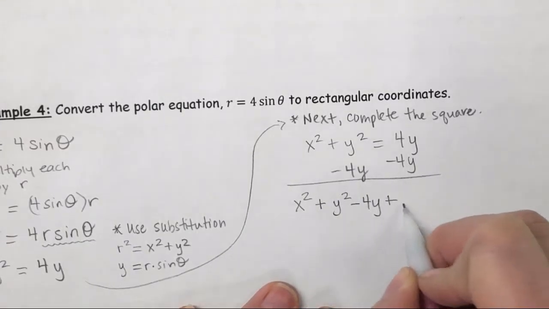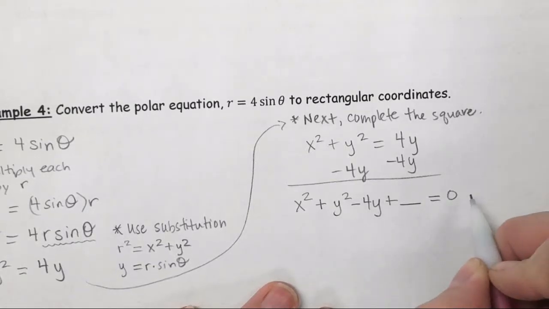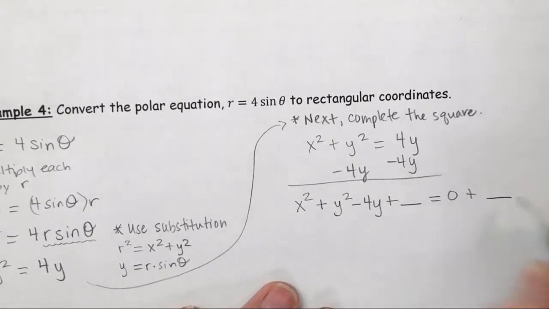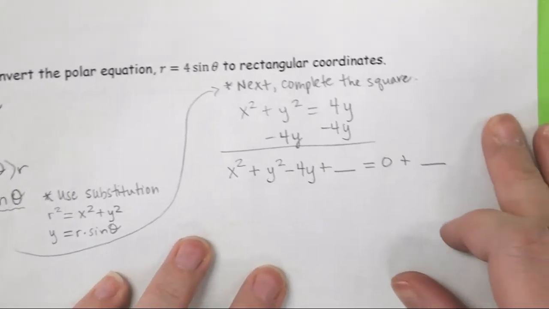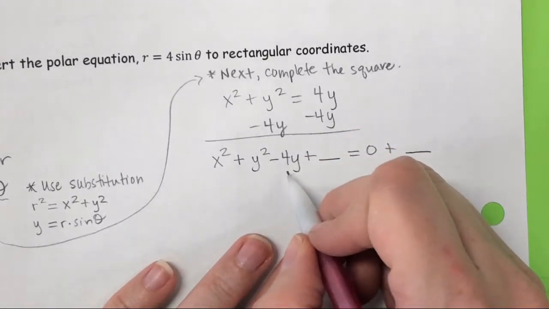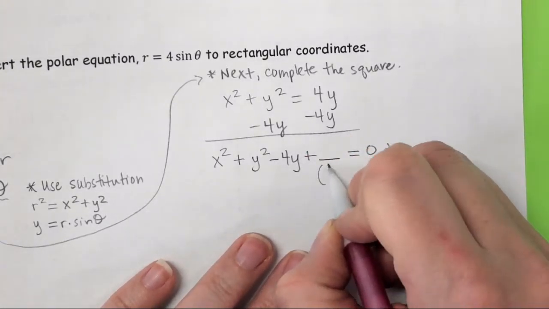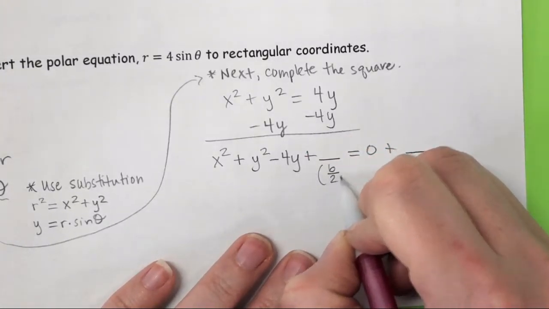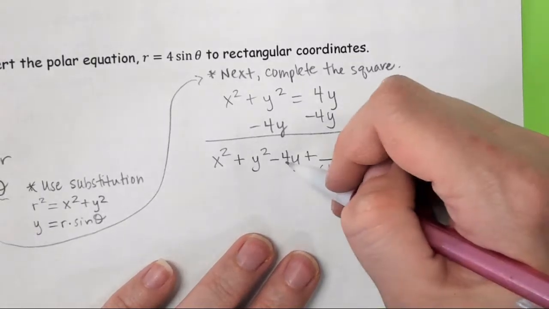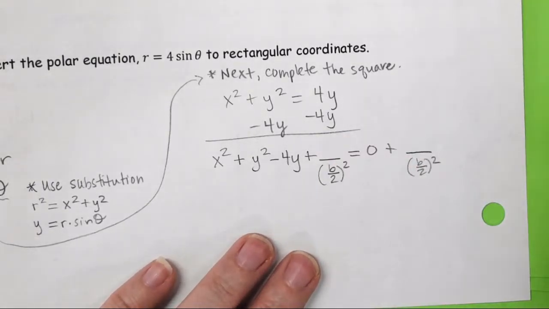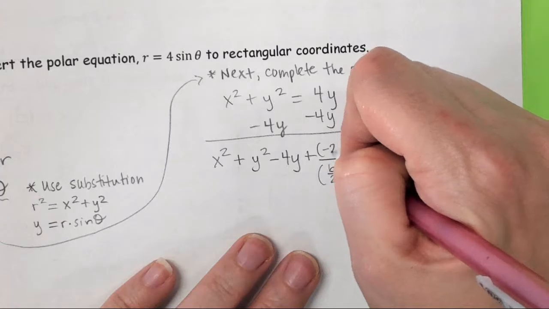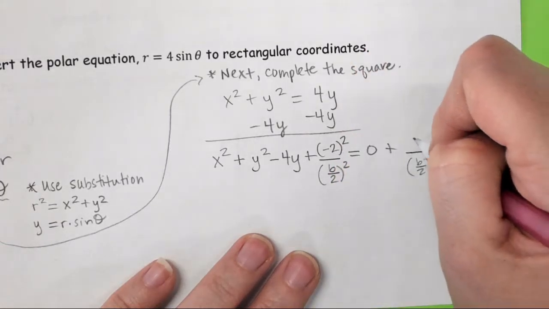And then I'm also going to put my plus blank in here, and this would be 0 plus blank. Remember, to complete the square, you want half of the b value, or b over 2, squared. That's what's going to go in both of these spaces, b over 2 squared. So if I take negative 4 divided by 2, that is negative 2. So this is negative 2 squared, which is 4.